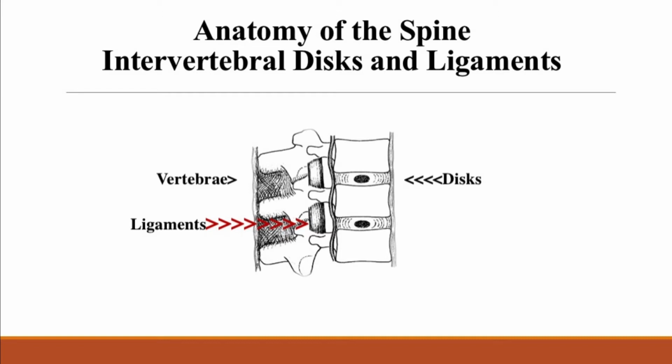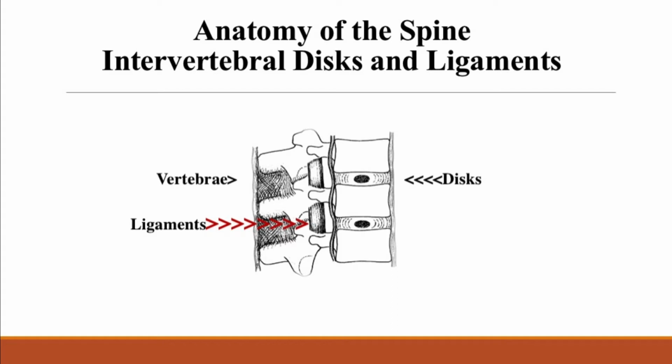The joints begin to degenerate with age and injury. The result is a less flexible, less fluid-filled disc. This causes degenerative changes in the spine, and the vertebrae become closer in proximity to each other and to the spinal nerves. This can cause pain.